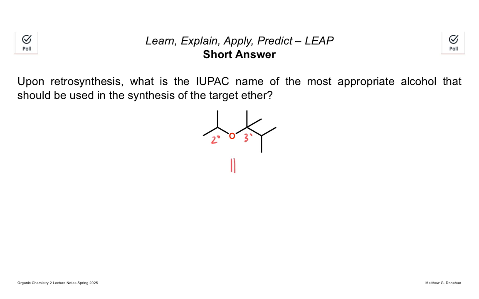And so we could say this should come from a good electrophile, and then this tertiary alcohol. Any questions? So it's like running on a treadmill, right? It gets boring after a while.